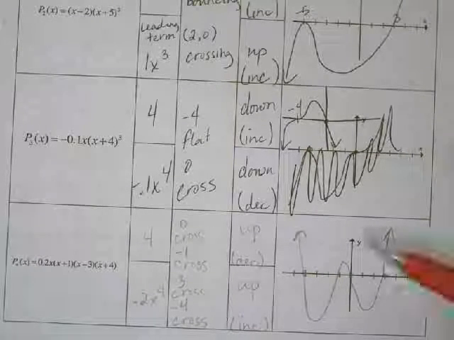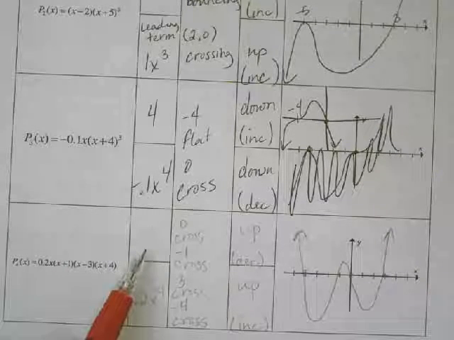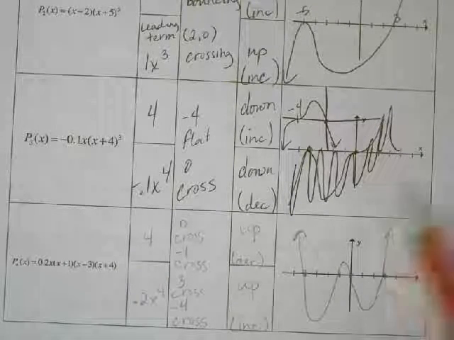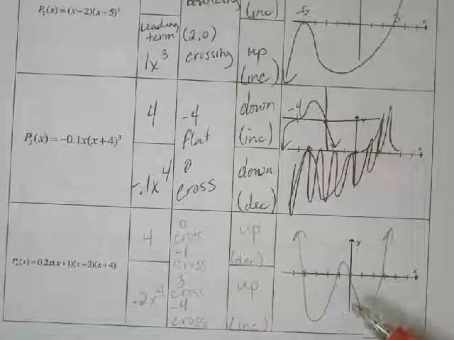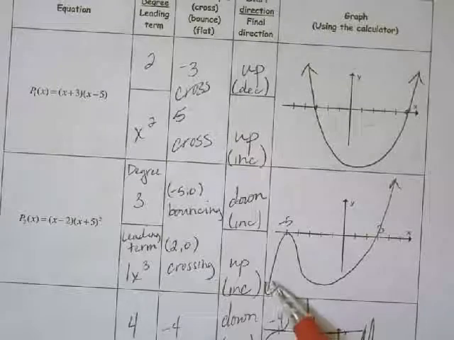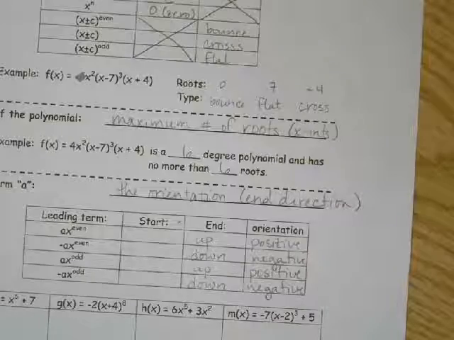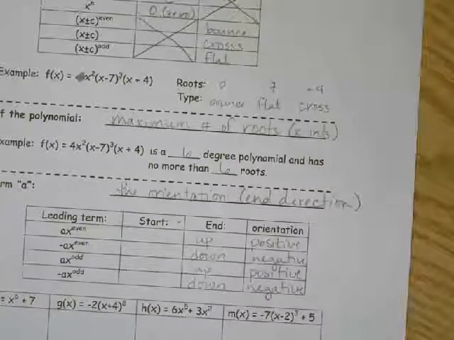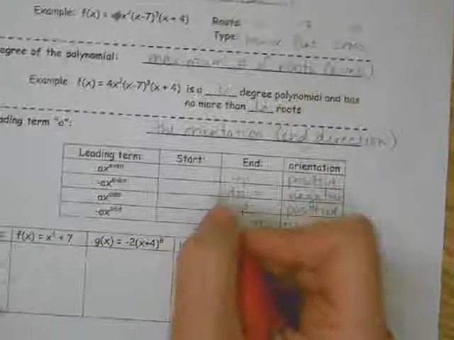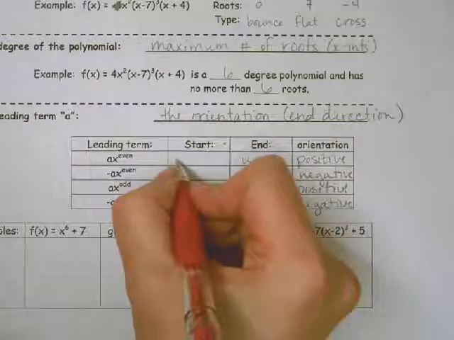So what we notice about our different graphs is that when we have an even number for our degree, the arrows are pointing in the same direction. And if we have an odd number for our degree, they're pointing in opposite directions. So I'm going to be using up and down. You can use what you prefer in these. So for the even number, we were up and up.